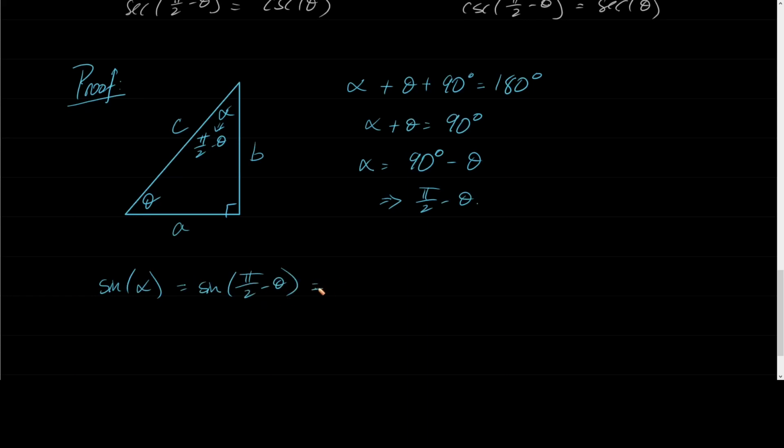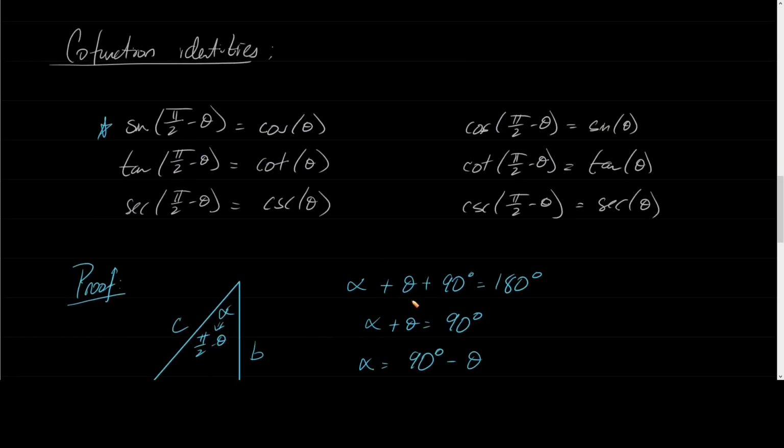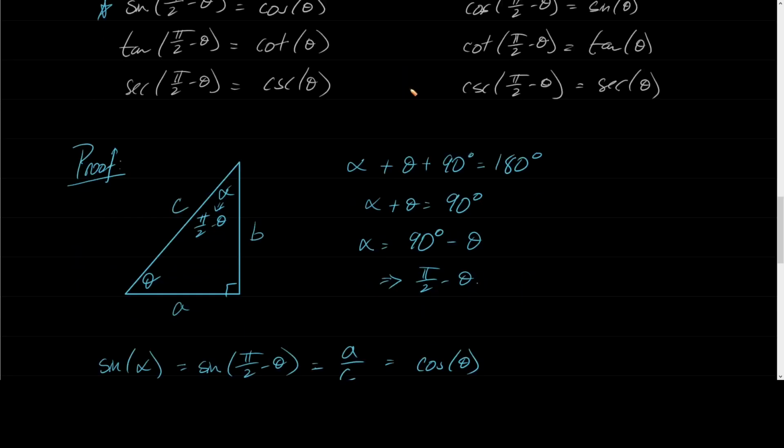Well, from SOHCAHTOA, sine is opposite over hypotenuse, so it would be A over C. Now, let's base things off of this angle, and let's look at A over C. A over C would be the adjacent over the hypotenuse based off of this angle. So this tells us now that this is equal to cosine theta. In other words, sine of pi over 2 minus theta is equal to cosine theta. And that is the proof for this very first one. The rest of these can all be proved with the same triangle here, right?